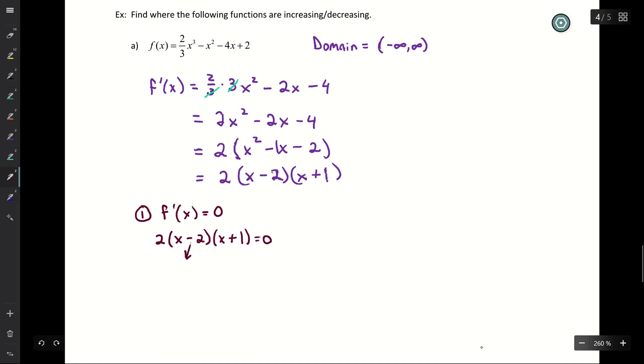This would be something that I'd want to set to 0 and solve, and then as would this other piece. So on the first one, the value that would make that 0 would be 2. And on the second piece, the value that would make that 0 would be -1. Okay. Because our domain was all real numbers, then those guys right there are my critical numbers.